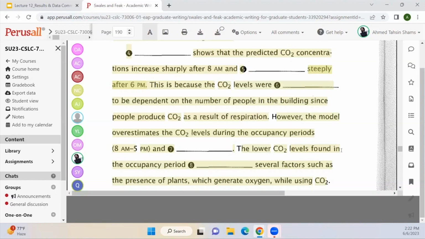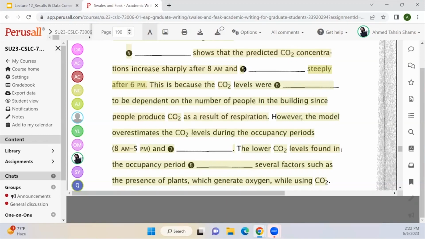Perfect. Because the previous one was during the occupancy periods, it's the vacant period now. Good?